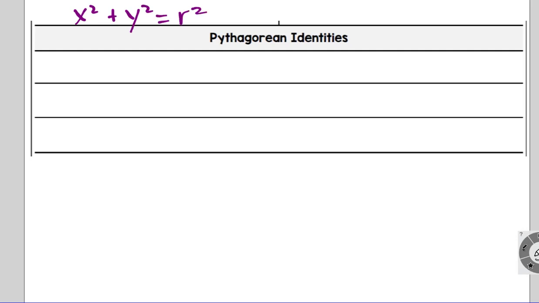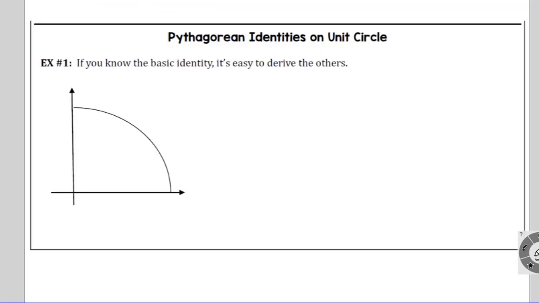That kind of describes a circle when we write it that way. What we want to be able to do is to state this in terms of sine, cosine, cosecant, secant, tangent, cotangent.